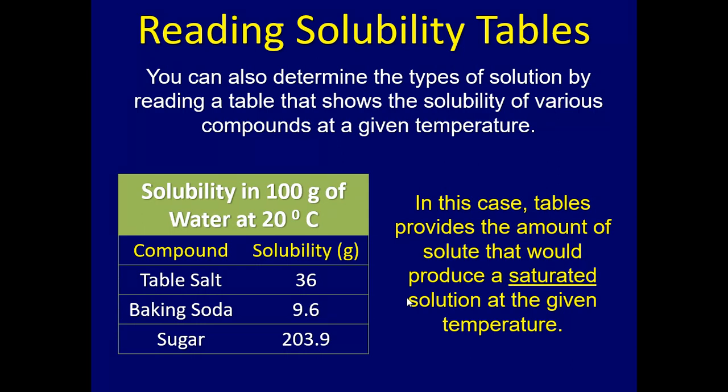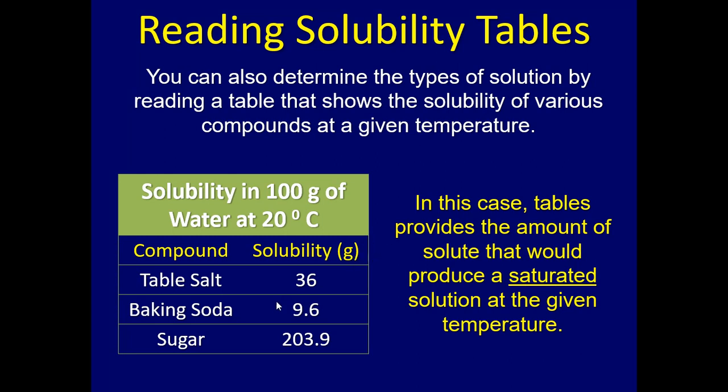We also often list solubilities in tables, and you can determine the types of solutions by reading a table that shows the solubility of various compounds at a given temperature. The amount listed in the table is a saturated amount.